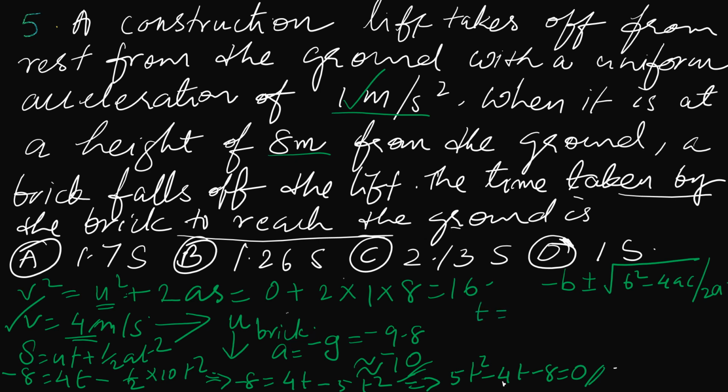So it is 4 plus or minus square root of 4 square minus 4 into 5 into minus 8, divided by 2 into 5. That is 4 plus or minus square root of 16 plus 160, divided by 10.